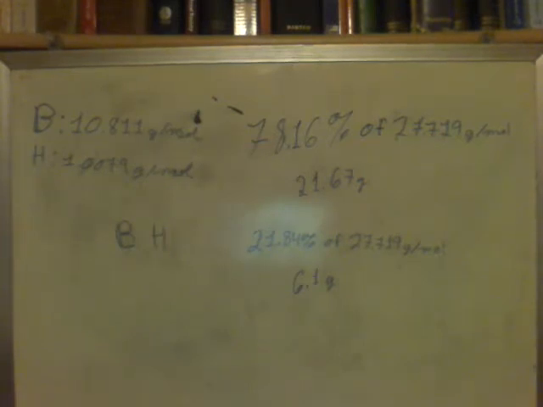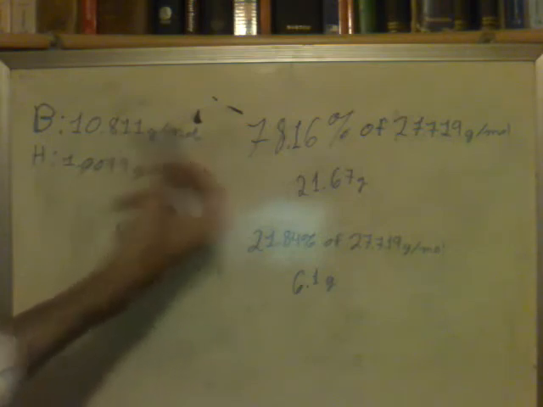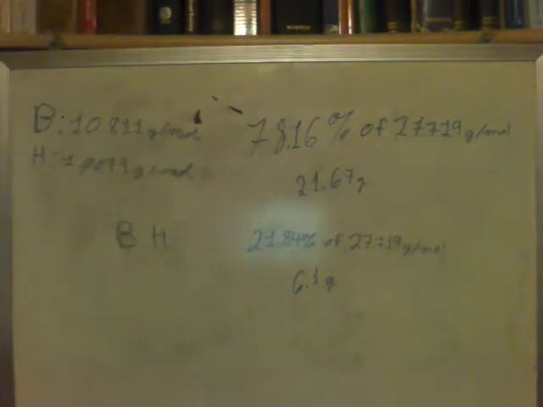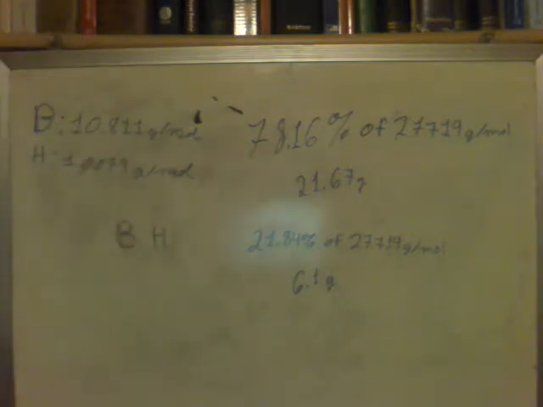Now I conveniently put the atomic mass of boron and hydrogen. So what we do with this is we take the molar mass of boron and the molar mass of hydrogen.